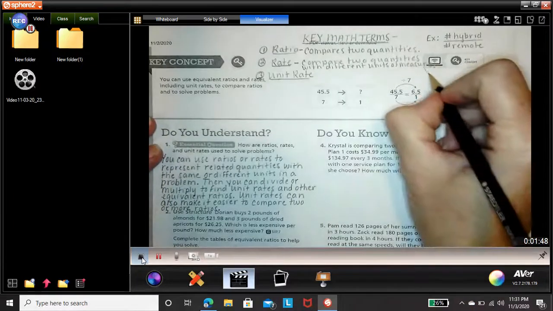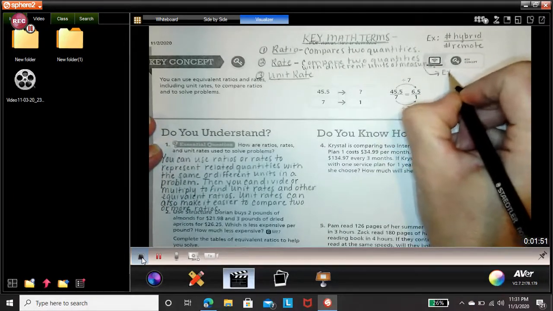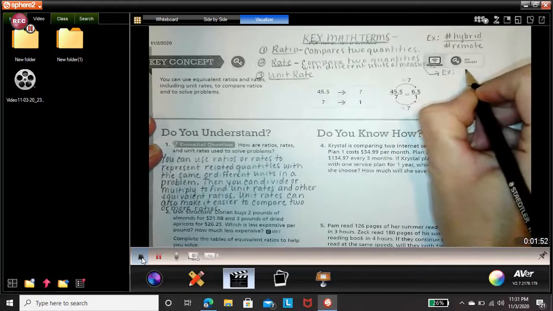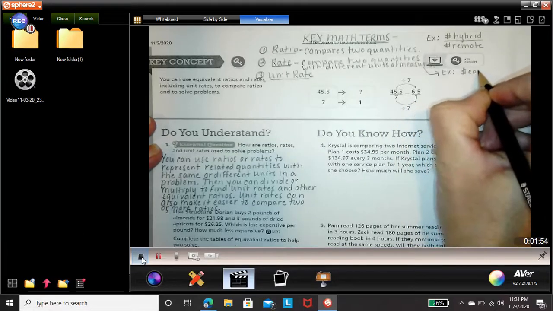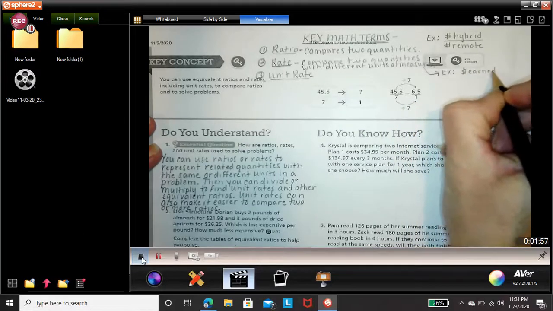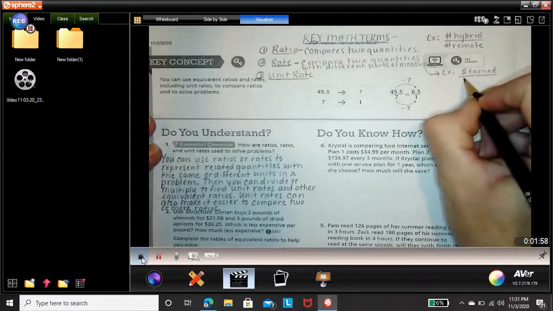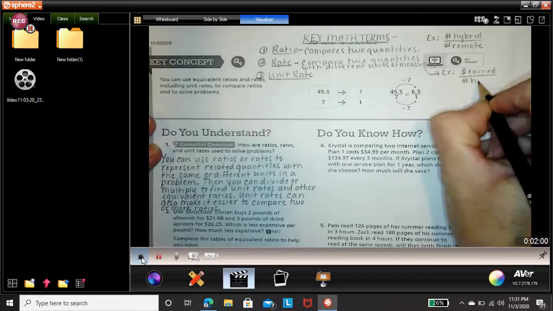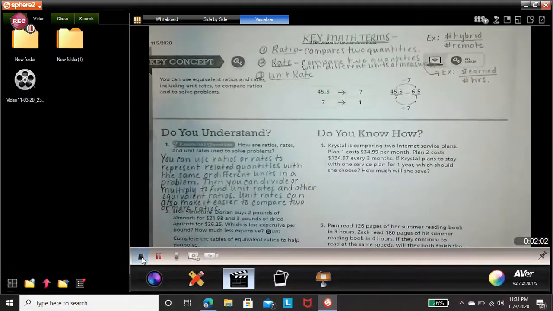And an example would be the dollars earned and the number of hours. So dollars and hours are very different units of measure.